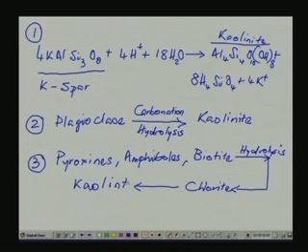So, these are three of the principal chemical weathering processes involved in the development of kaolinite clay deposits.